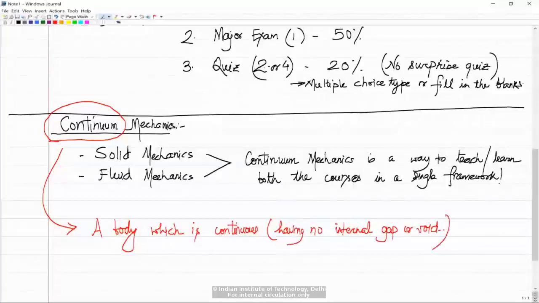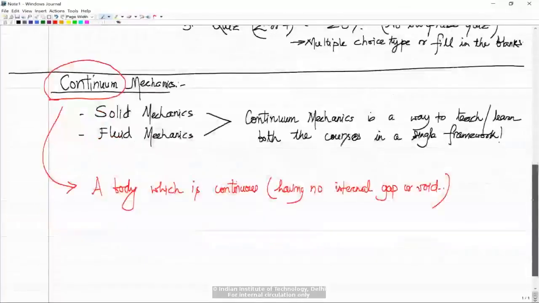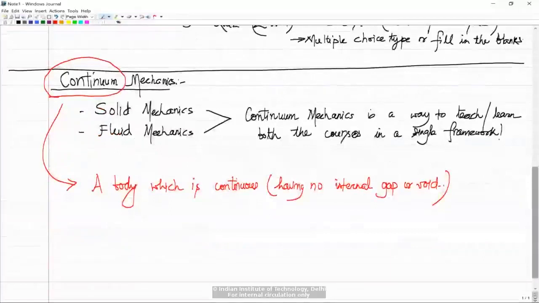Okay. But do you know of any body which is like this? Can you name any body which is continuous, having no internal gap or void?